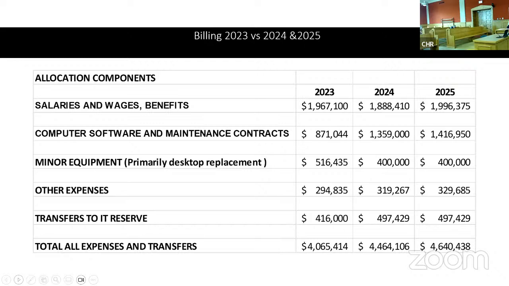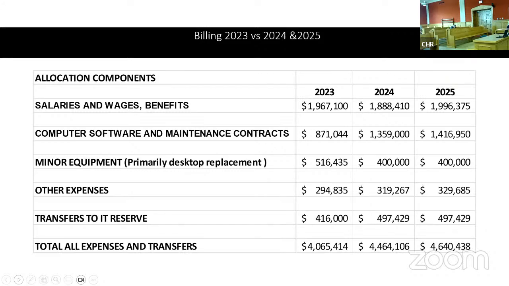As you may remember, at our last budget amendment we fixed that and moved the money from operations to the reserve account. So, very interesting. For transfers to the IT reserve, we are going to ask for a little bit more, and I have a detail on that on the next slide.